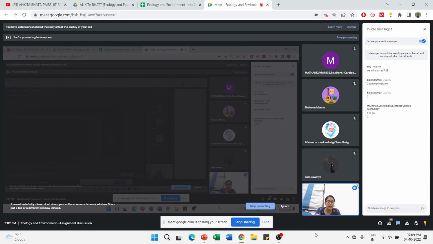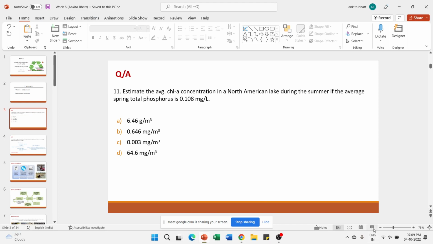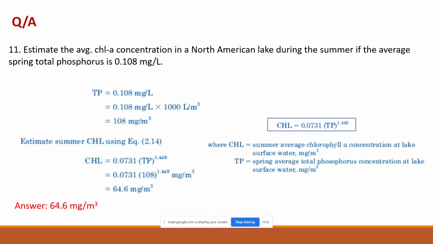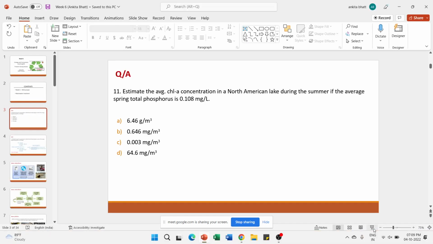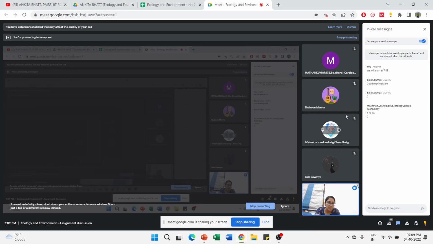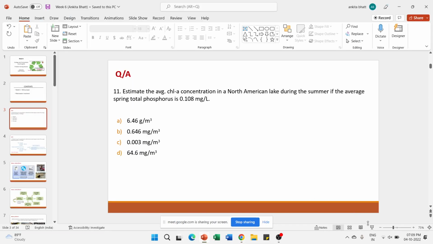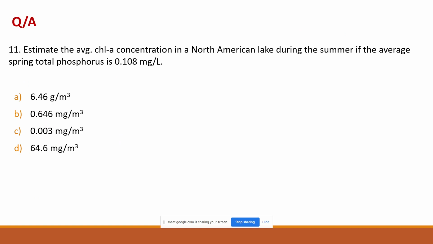We have two answers, which is C. You have provided me with 0.003 mg per meter cube. That is not the correct answer. Let us see if we have any other answer. Okay, only C. So we'll try to see what is the right way to solve this question.